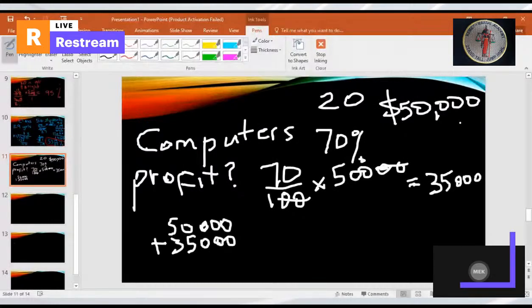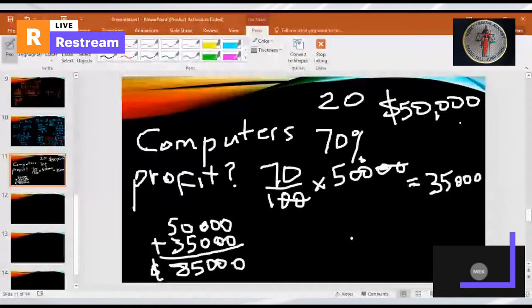So in order to make a 70% profit, the business person has to sell all those 20 computers for $85,000, because 70% of 50,000 is 35,000. That's the extra that he's making.